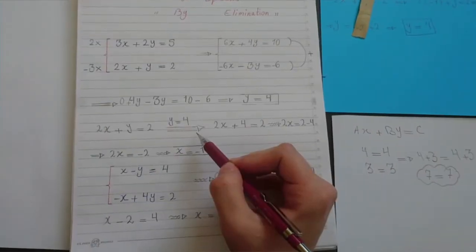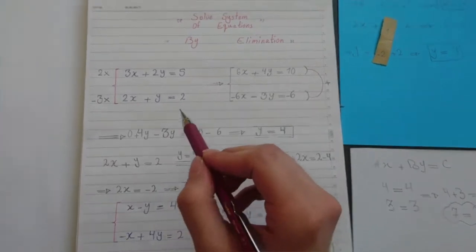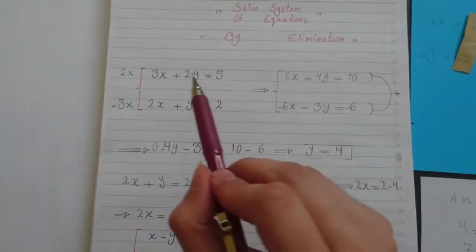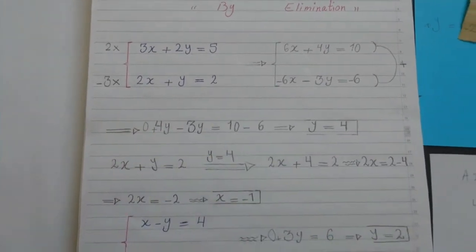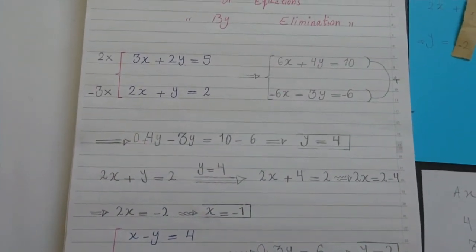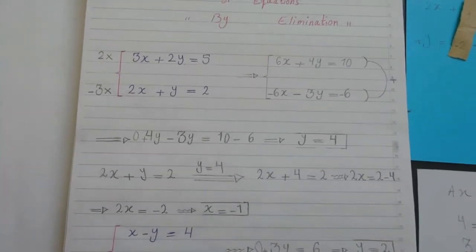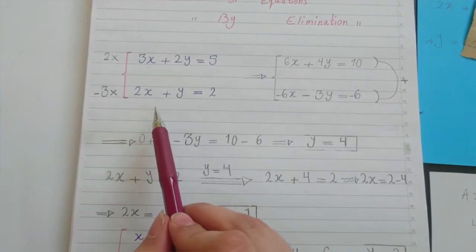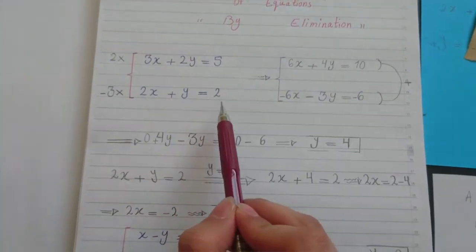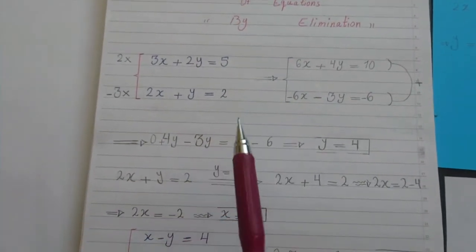It's exactly like here. We have two equations and we need to find the answer to this system: 3x plus 2y equals 5, 2x plus y equals 2. We are going to use the elimination method.